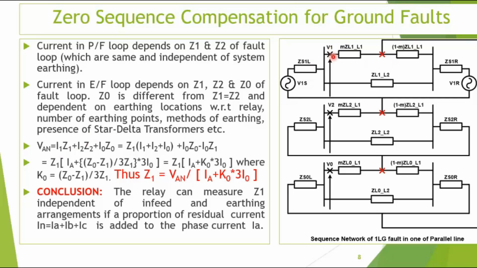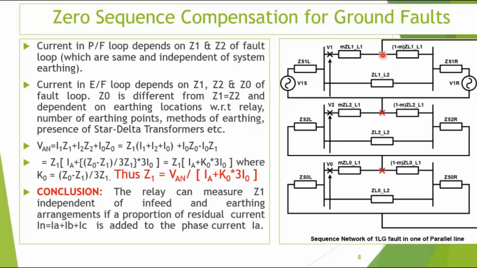So I can write the voltage at this relaying point is the sum total of the voltage between this point and this point and this point. Obviously, we can say that because in a sequence network, if I add V1 plus V2 plus V0, I am going to get VA. Now what is V1 plus V2 plus V0?